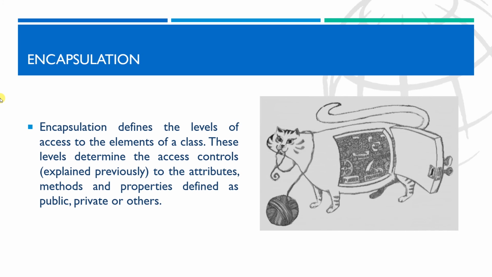So it is also known as a combination of data hiding and abstraction. Encapsulation can then be achieved by declaring all the variables in the class as private and writing public methods in the class to set and get the values of variables.